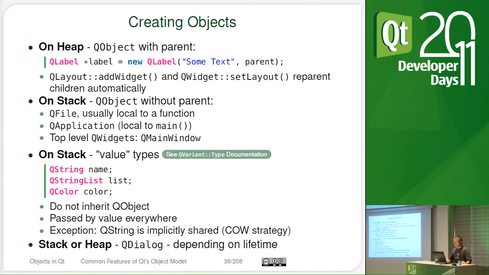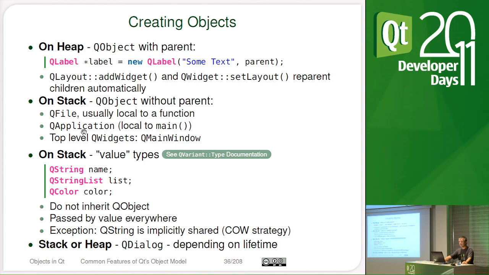Examples for that are a QFile, for instance, or you have seen the QApplication within our main function. This was also created as a local object within our main function. So that's created on the stack.